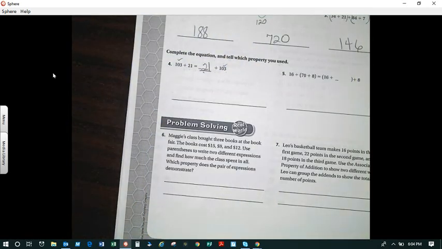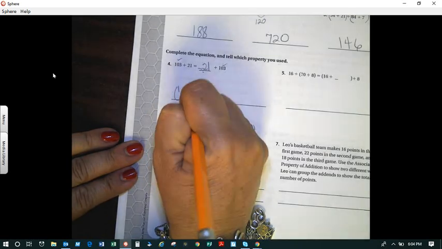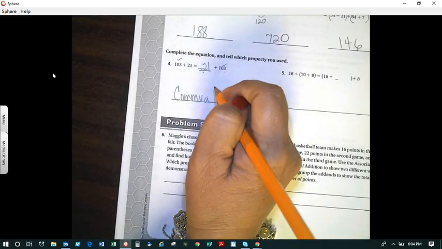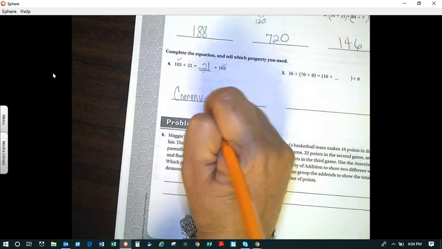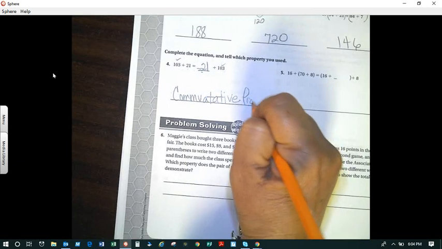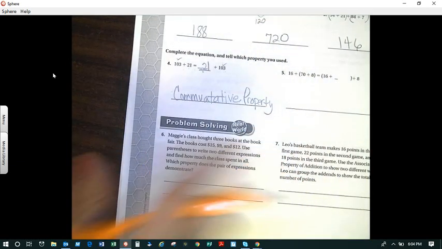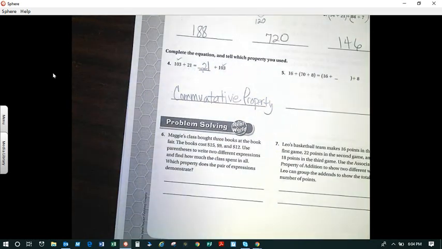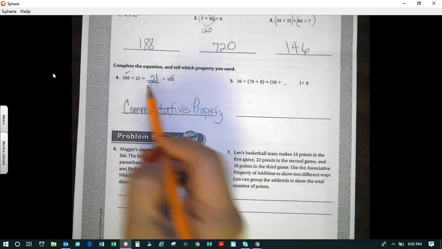So when we're switching the positions of the numbers to get the same value, we say that is the commutative property. This is when we're just shuffling the numbers around. We flip them, and they can still have the same value. The value doesn't change. So this equation is still balanced.